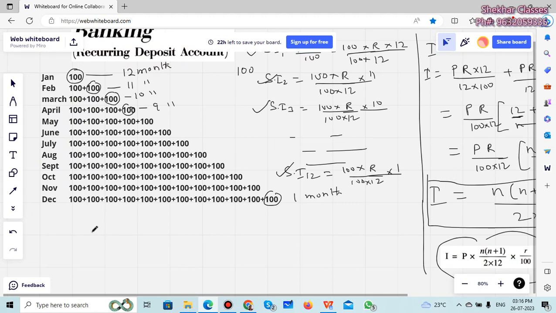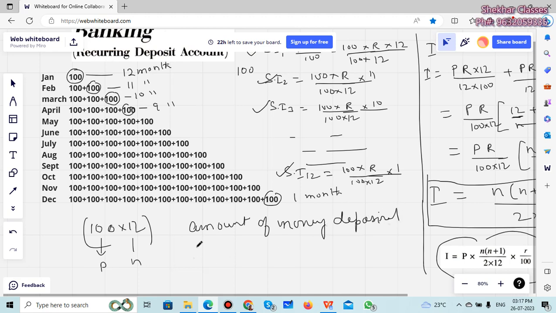You have deposited 1200. How do we get that? That is 100 into 12, and 12 is the number of months. So if P is the principal of 100, then it is P into N. So what is the amount of money deposited on a recurring basis?